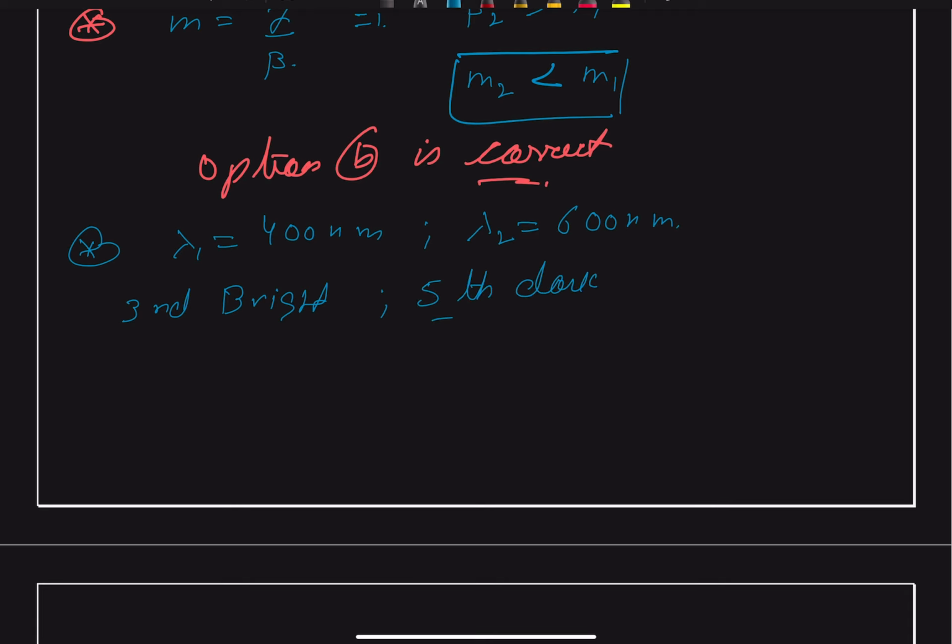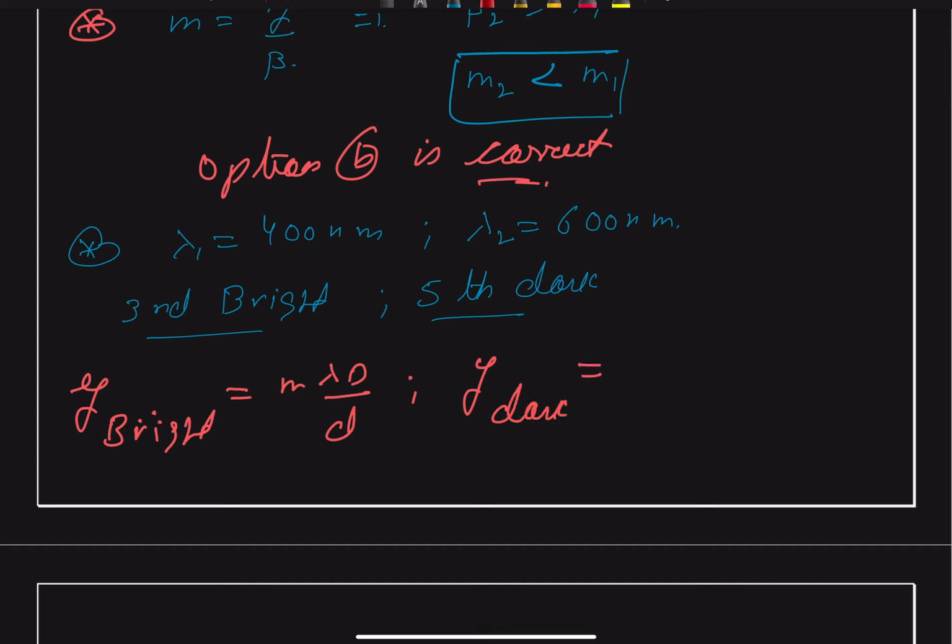We know the formula that y bright will be equal to m lambda D by small d, and y dark will be equal to n plus 1 by 2, times lambda D by small d.